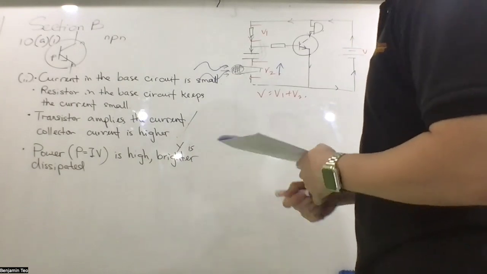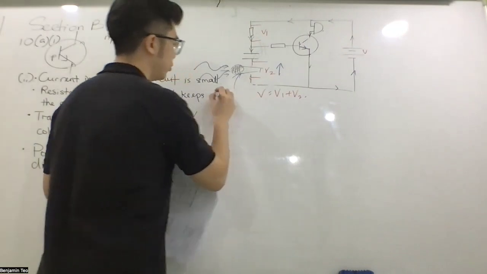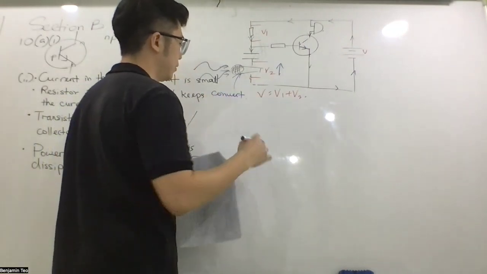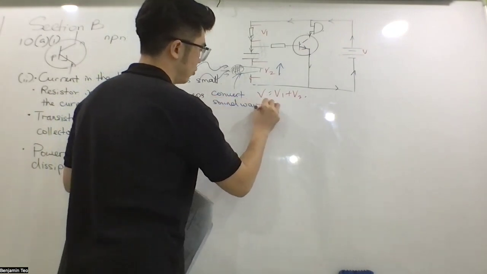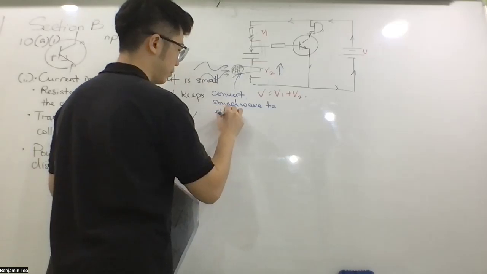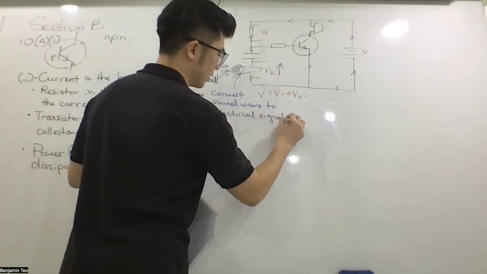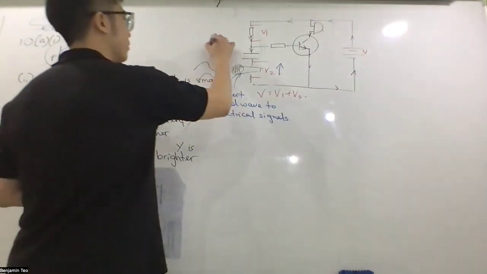Then you just put a reason beside. What is the function of the microphone? To convert sound wave to electrical signals. This is the function of the microphone. Capacitor.